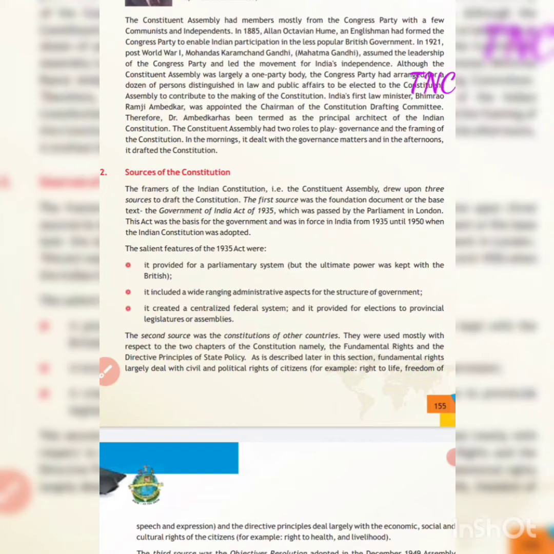And this was a very important act. We read it before also, I guess, that this was the main source of the document of the Indian constitution. That's why, in the three sources given by the Indian constitution makers, the first source was the Government of India Act of 1935.